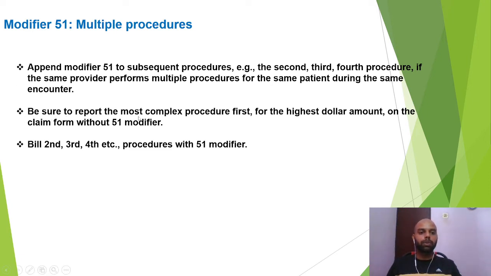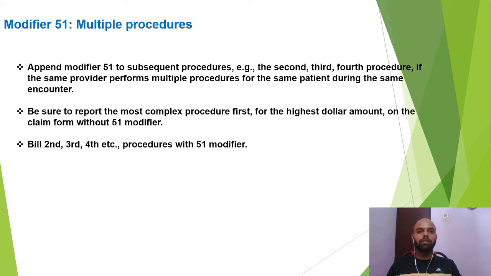Be sure to report the most complex procedure first, for the highest dollar value, on the claim without modifier 51. Bill the second, third, fourth, and so on procedures with modifier 51. So what happens when you add modifier 51? For the second, third, and fourth procedures, the insurance will not pay 100% of the allowed amount.